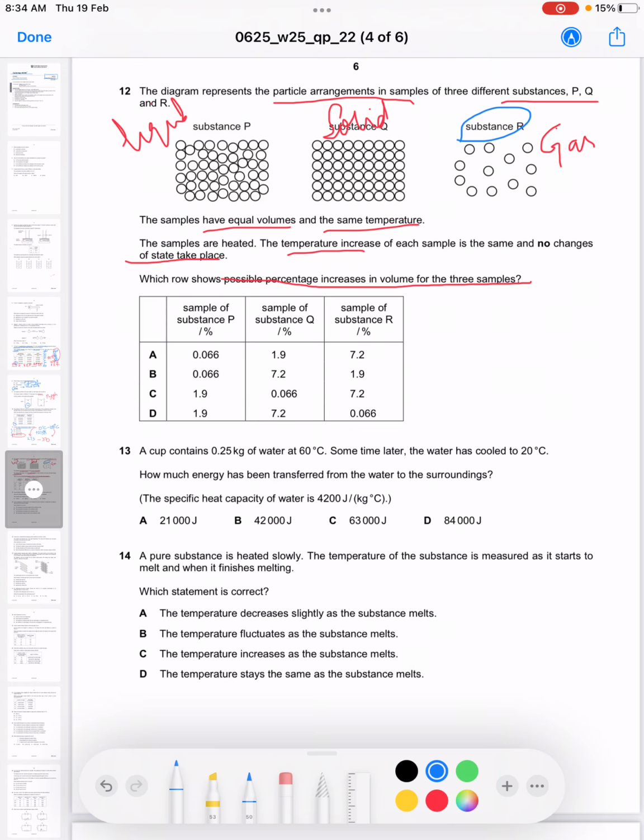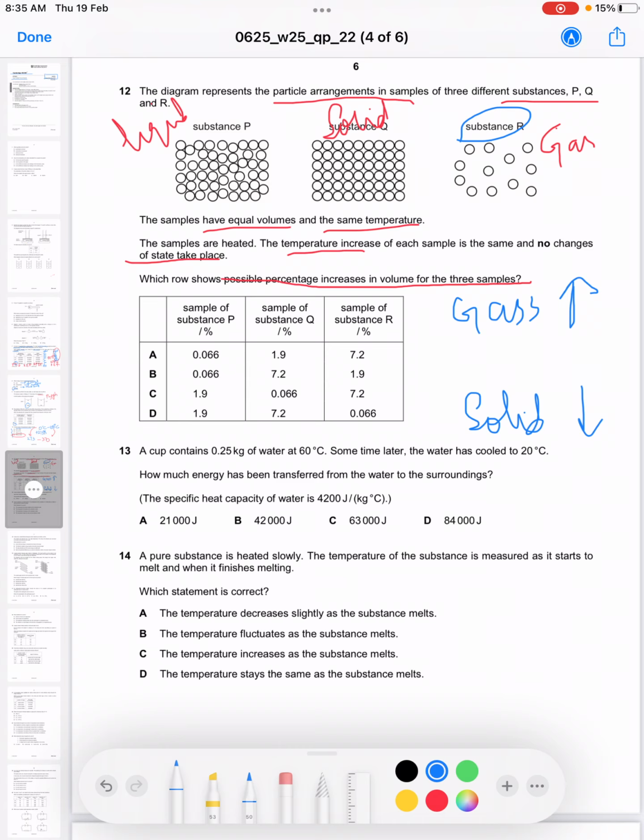When we heat the samples, the volume increase is maximum in the case of gases, and minimum in the case of solids. So the solid one is Q.